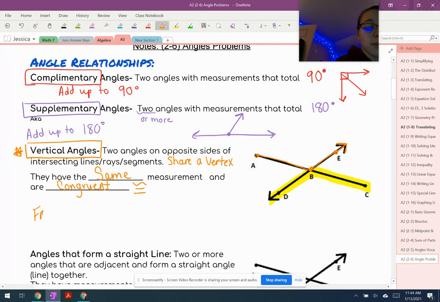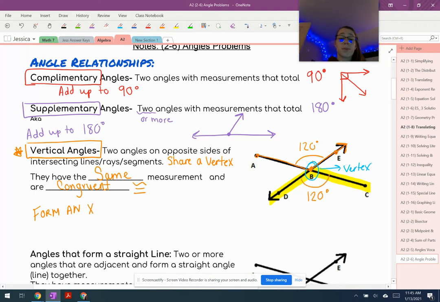They kind of form an X. And you can see that they share that vertex, point B. That's that vertex that they share. Those angles are the same measurements. So if I know that this one is 120 degrees, I know that this angle is also 120 degrees.